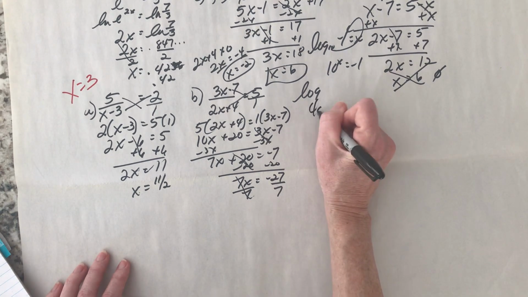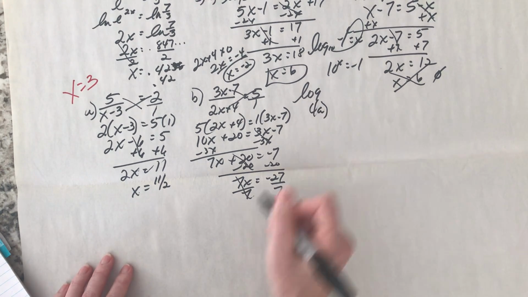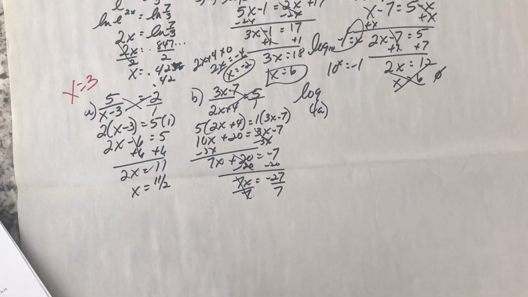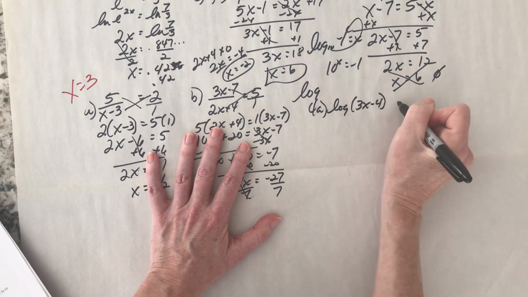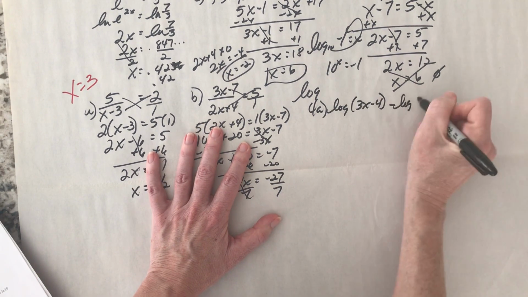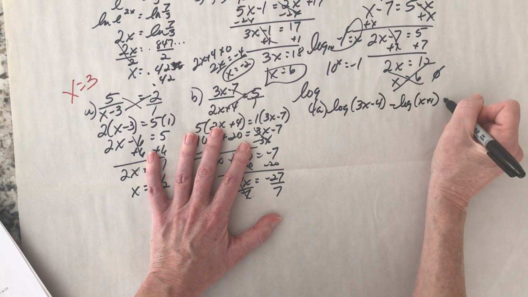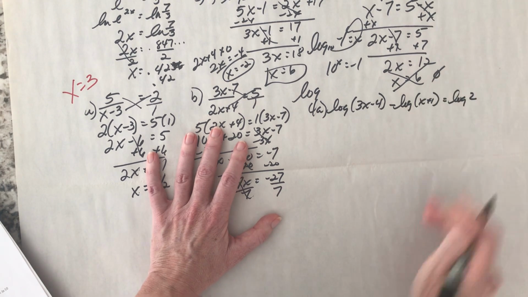Let's look at 4a. 4a says solve each equation. So we've got log of 3x minus 4 minus log of x plus 1 equals log of 2.